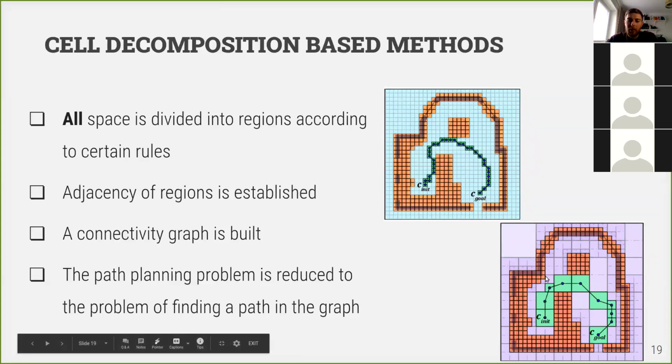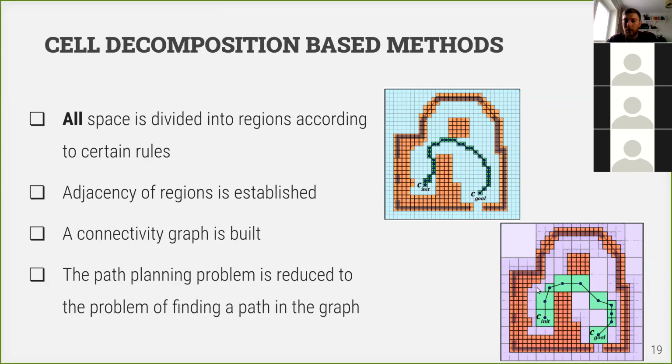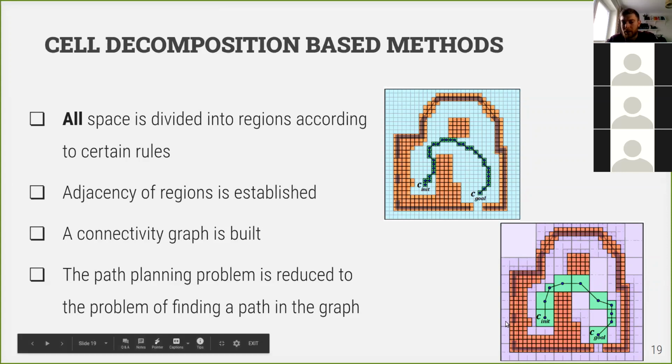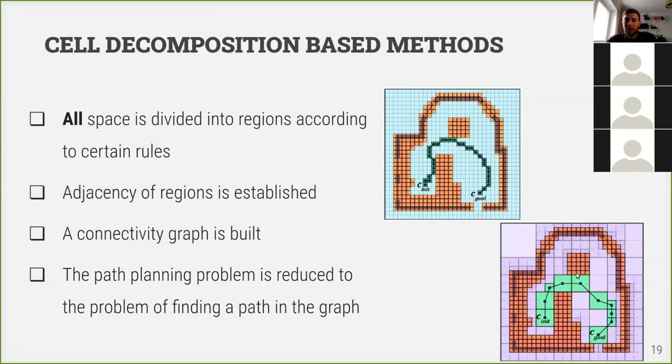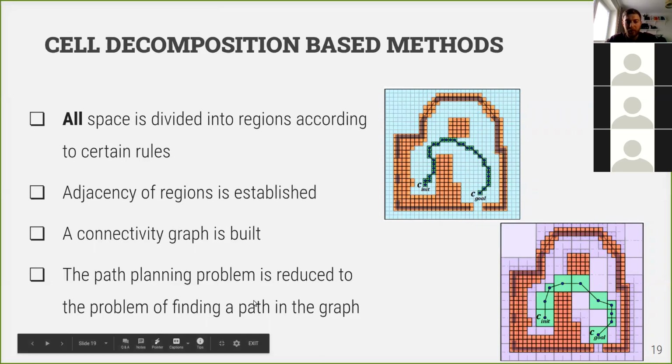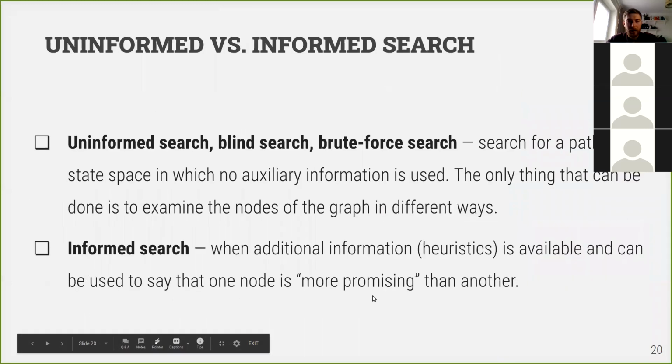So it may not be important for us that getting this representation is more computationally complex, because we do it in advance, before starting moving. Then we consider adjacency of regions when we have these cells, build a connectivity graph, and then we represent the whole environment as a graph, and the path planning problem is reduced to the problem of finding a path in the graph.